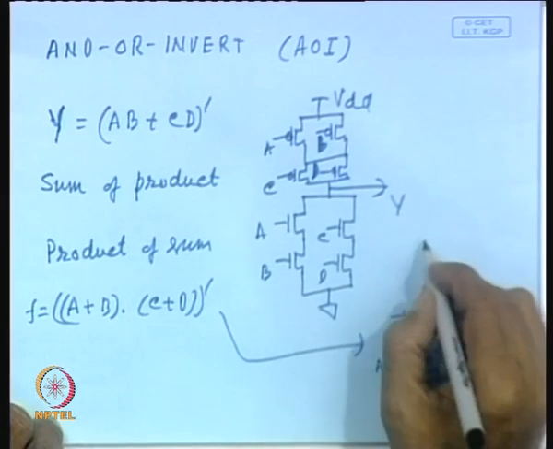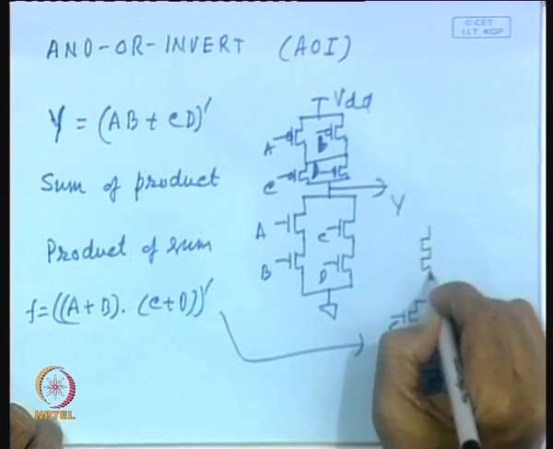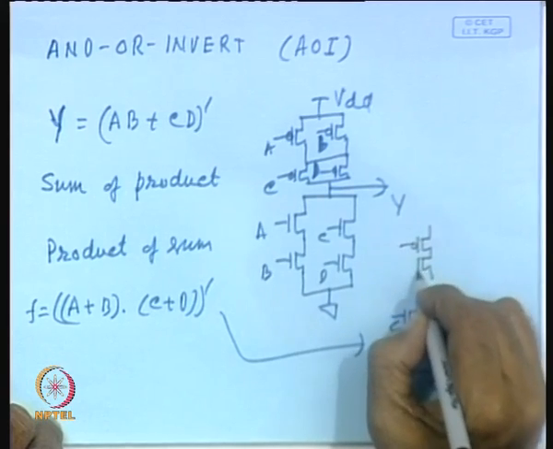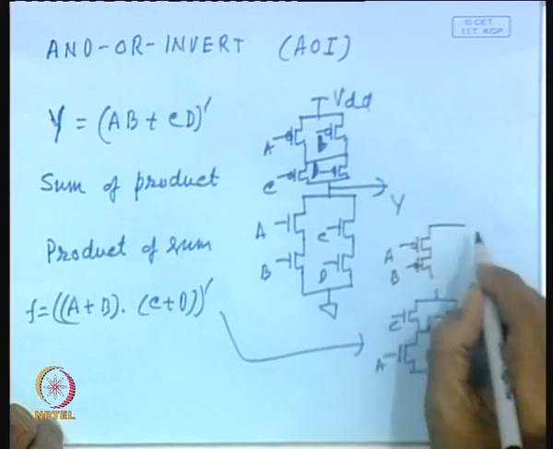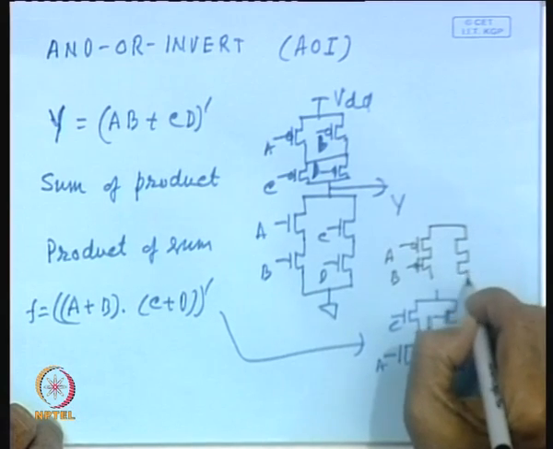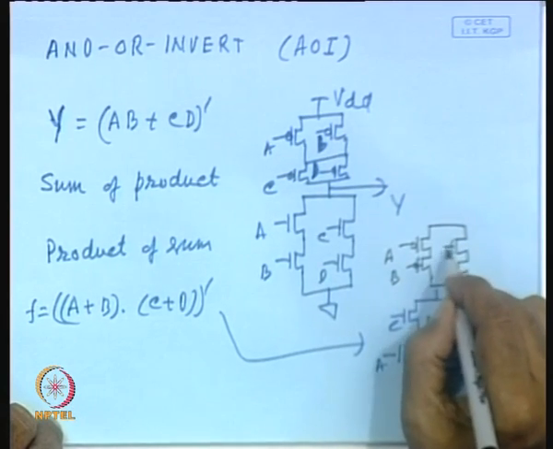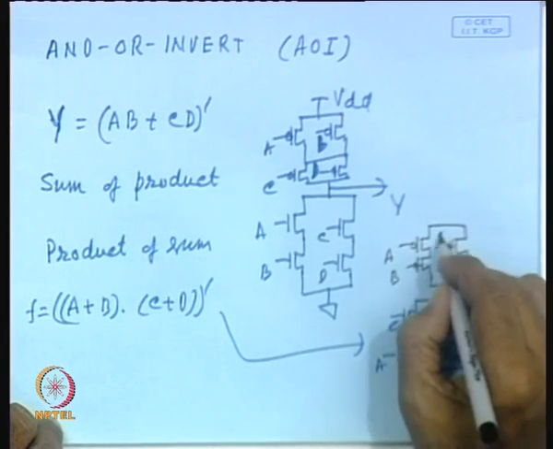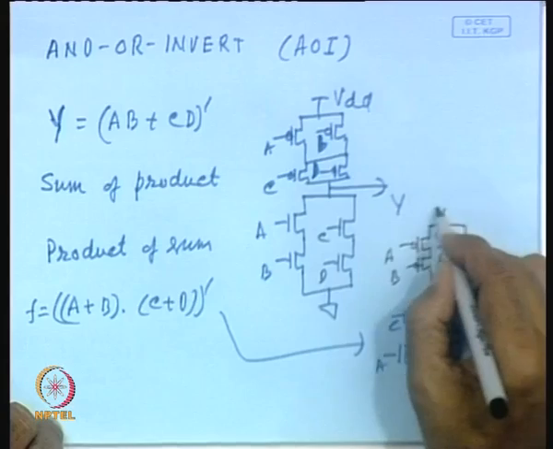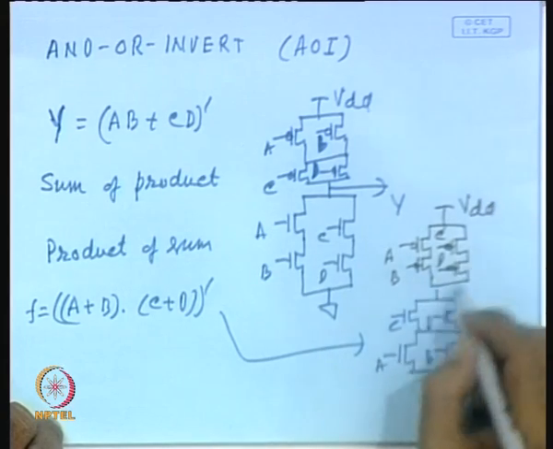That means, A and B will be in series, and C and D also will be in series, and they will be in parallel. So, there is C and D, and here it is your VDD.